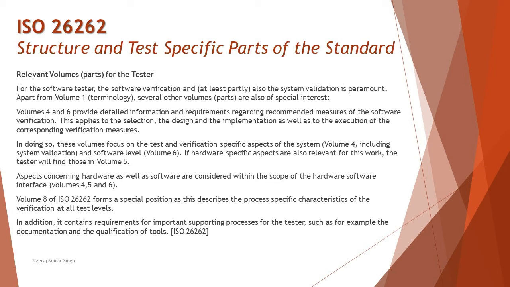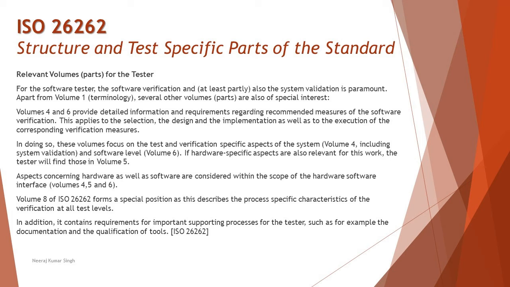For example, volumes 4 and 6 provide detailed information, requirements, and recommended measures for software verification. This applies to the selection, the design, and the implementation, as well as to the execution of the corresponding verification measures. So a lot of verification parameters are discussed in volumes 4 and 6.